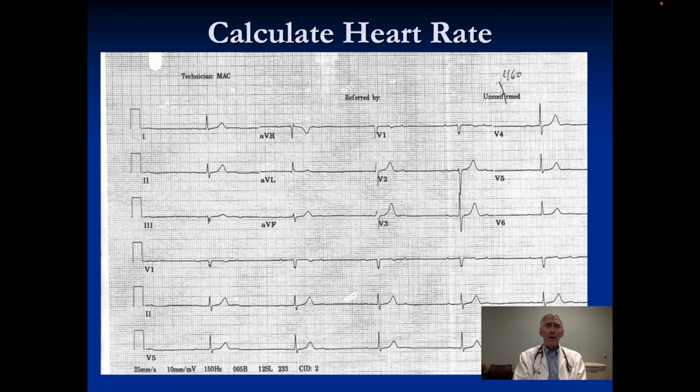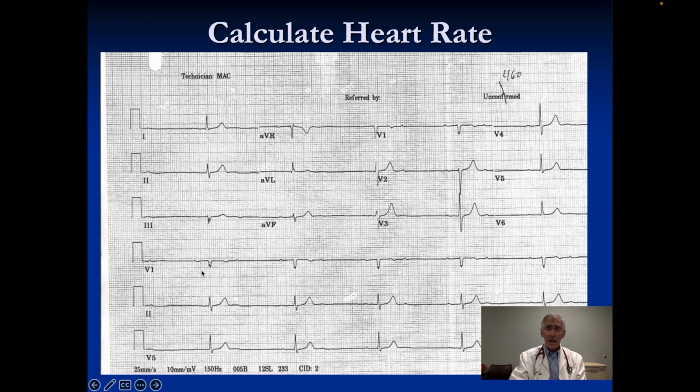Now, when we look at this heart rate here, it's obviously slow. You could count the number of big boxes between the RR interval and come up with a number, but I prefer using the number of QRSs since it's so easy. 1, 2, 3, 4, 5, almost 6. So 6 times 6 is going to be a rate of 36.